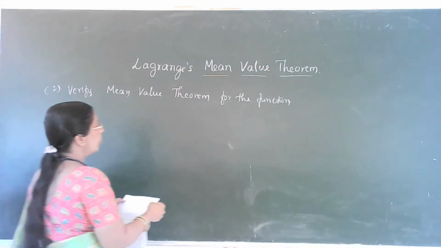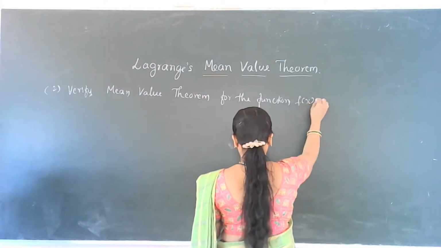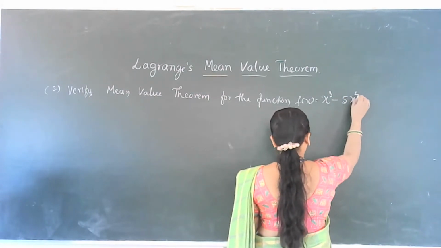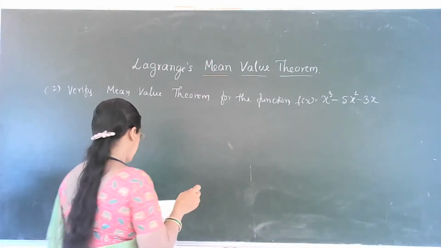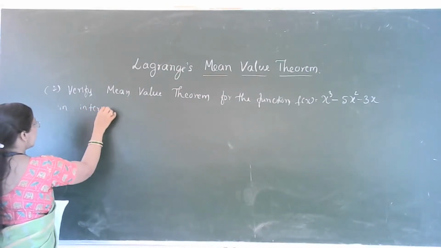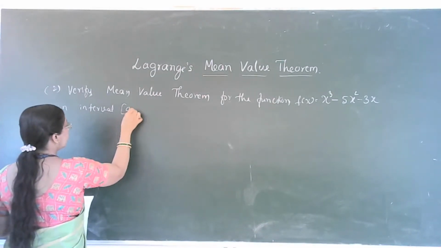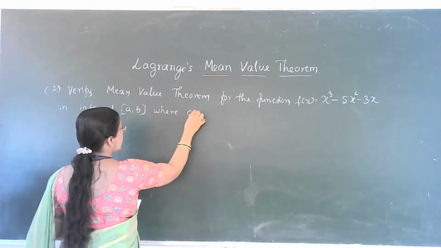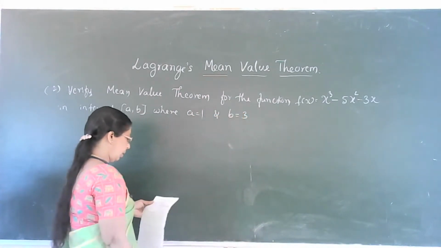Verify the mean value theorem for the function f of x equal to x cube minus 5x square minus 3x in the interval [a, b], where a is equal to 1 and b is equal to 3.